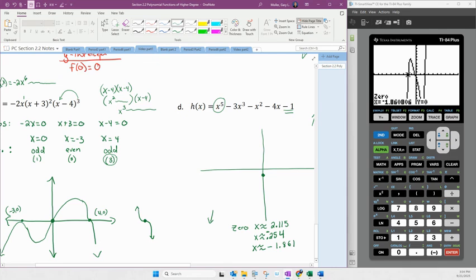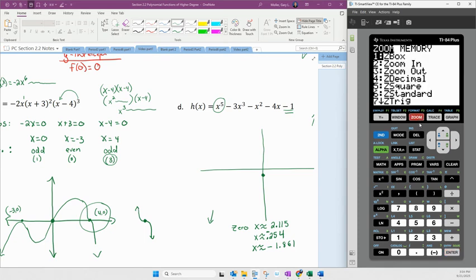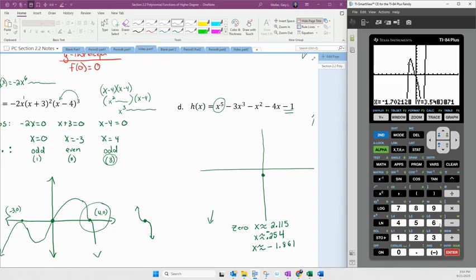All right, I want to do one last thing because I'm noticing a little something that we talked about. Go back here. We talked about this little inflection point right there. I think I'm seeing something very similar right here, but I'm not sure. So I'm going to zoom in on that. I'm going to go to zoom. I'm going to do a box zoom. I'm going to scroll over just to set the top corner of my box. It's going to set the top window corner.